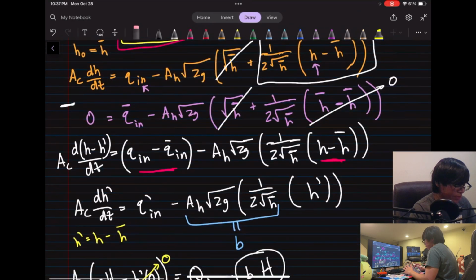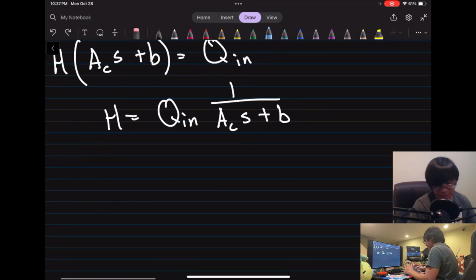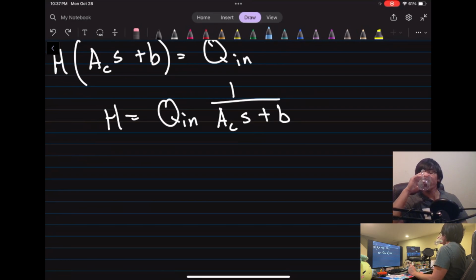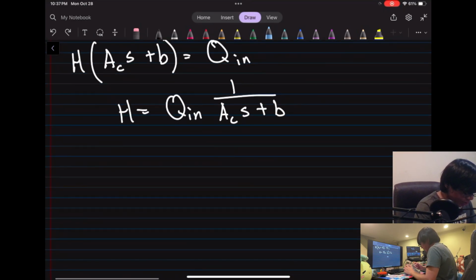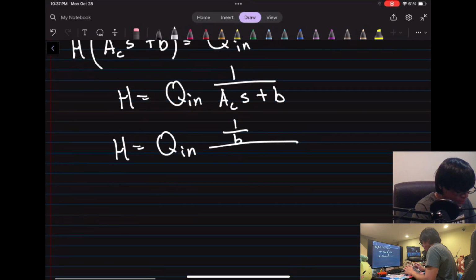So if we want to do that, the best way to get a 1 right here, well, we just need to divide across. Okay. So we have our height is equal to Q in, and if we divide across by b within the fraction, so it's still equivalent, we have A over b, and then s plus 1.